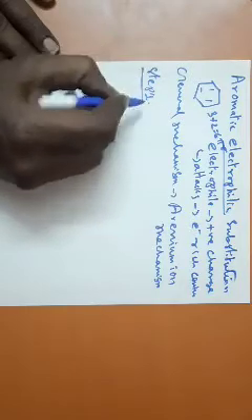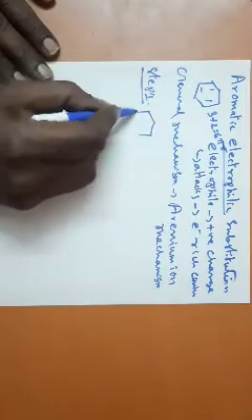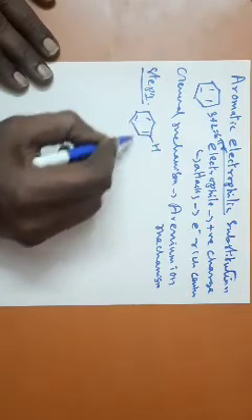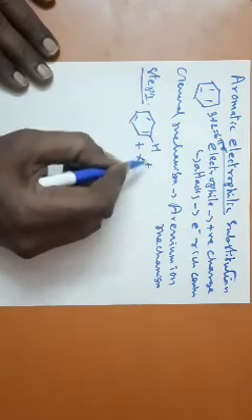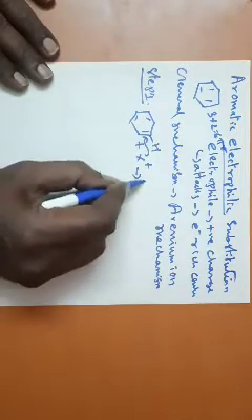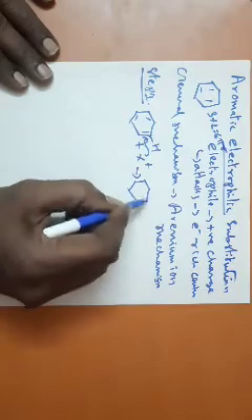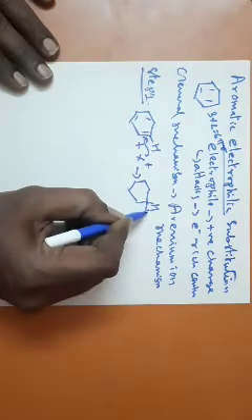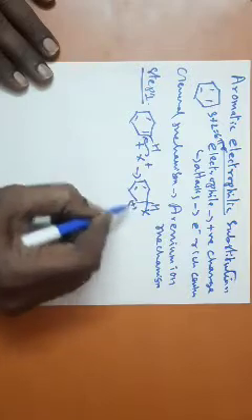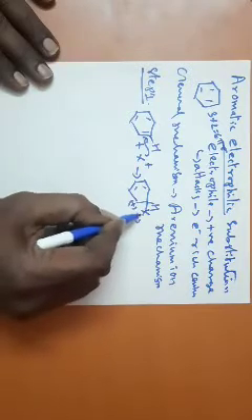Step 1 is the attack of the electrophile over the aromatic compound. As a result, we get an intermediate, which is also called the sigma complex or Wheland intermediate.